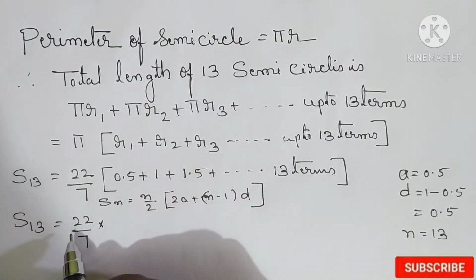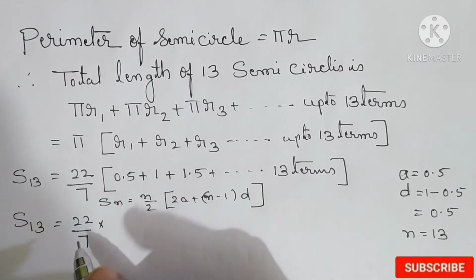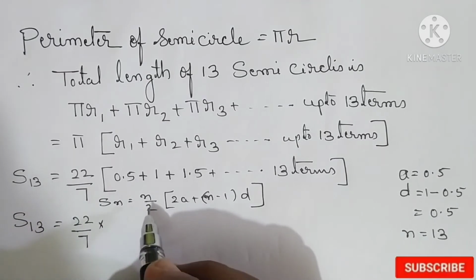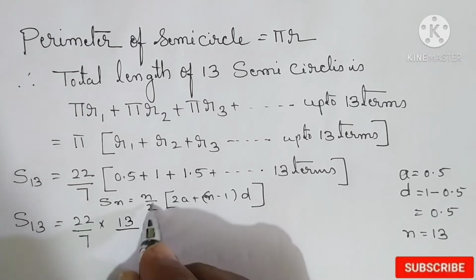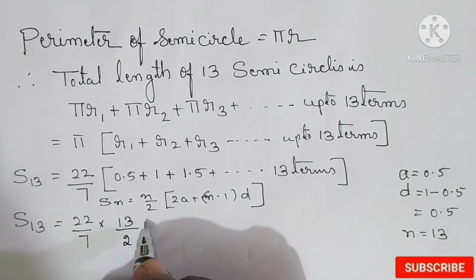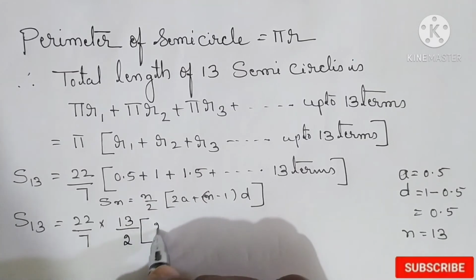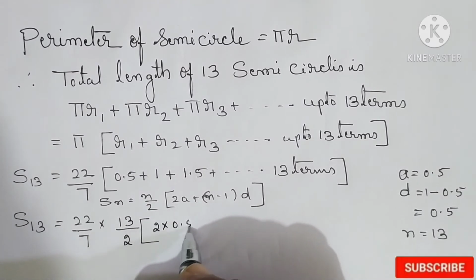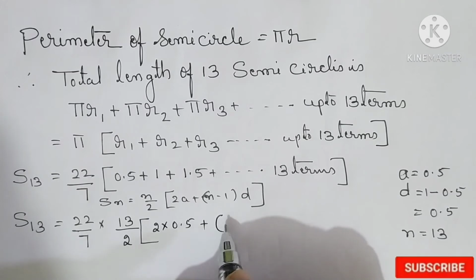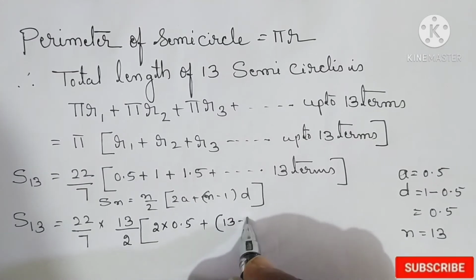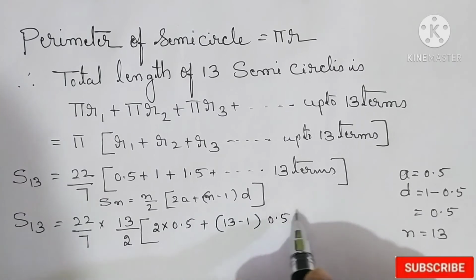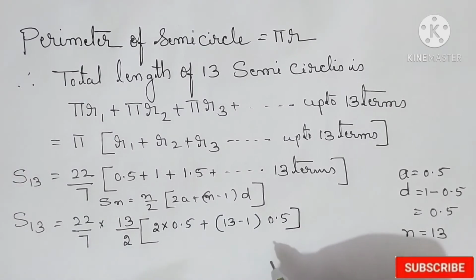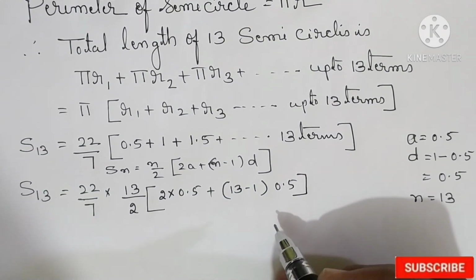Now S13 is equal to 22 by 7, as it is, times n by 2, where n is 13, so 13 by 2, then 2a, where a is 0.5, plus (13 minus 1) into d, where d is 0.5.